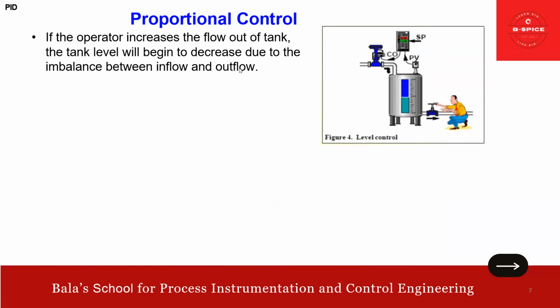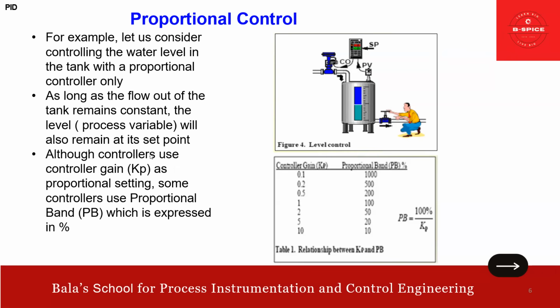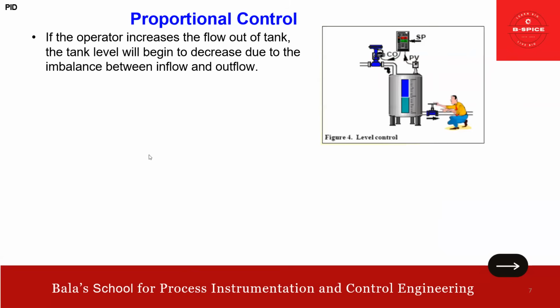We discussed that if the flow out of the tank remains constant, then the process variable also remains constant, right? The level remains constant. But here, the operator increases the outflow of the tank, so the level will decrease, right? Yes, due to the imbalance between the inflow and the outflow.